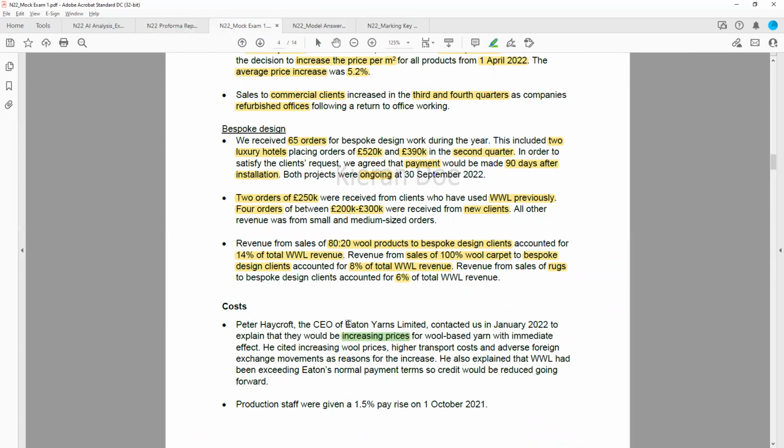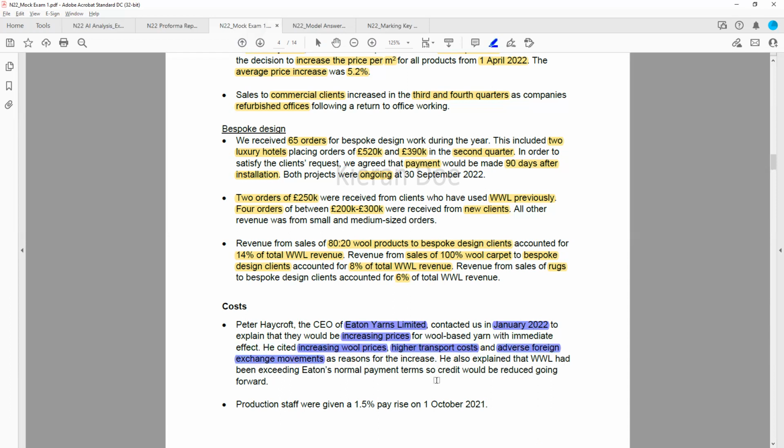So this is a supplier, of course, of wool yarn. We've been told they're increasing prices for wool-based yarn with immediate effect. That was in January, so that price increase would have taken place during the year. He cited increasing wool prices, higher transport costs, and adverse FX movements as reasons for the increase.